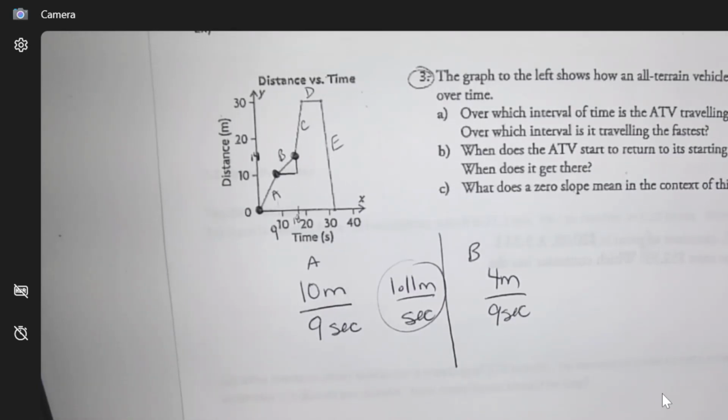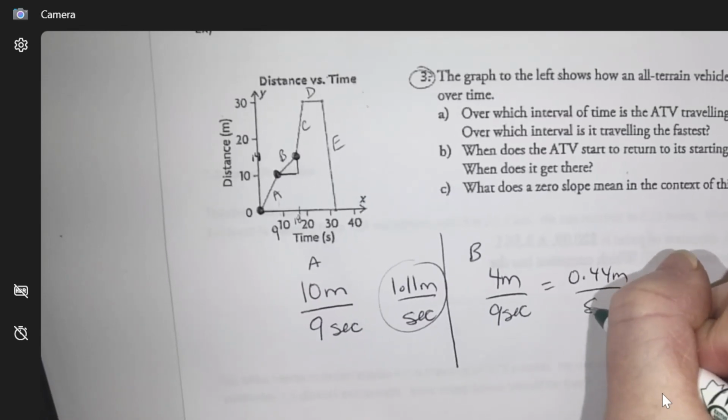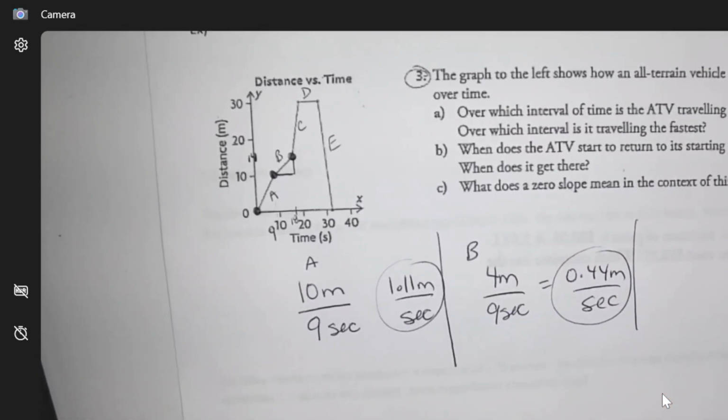Because we were at 9 seconds and now we're at 18 seconds. Okay, so that's your velocity, which is your rate, 0.44 meters per second.